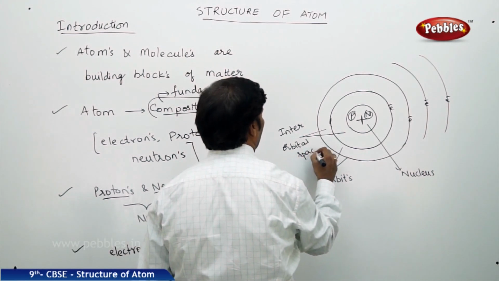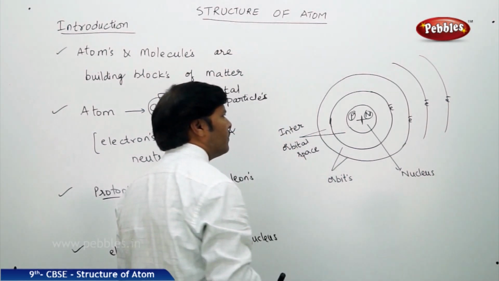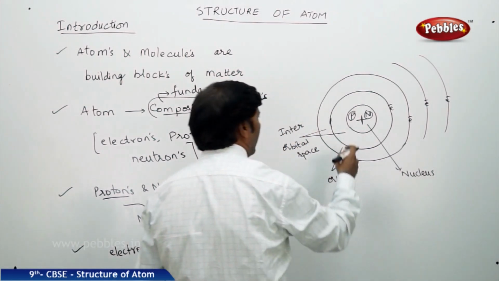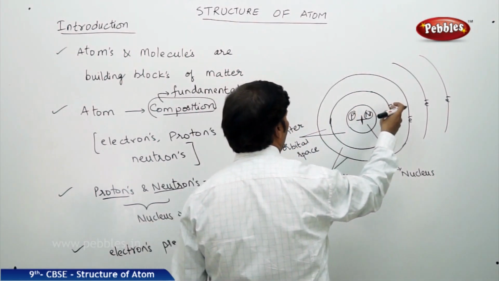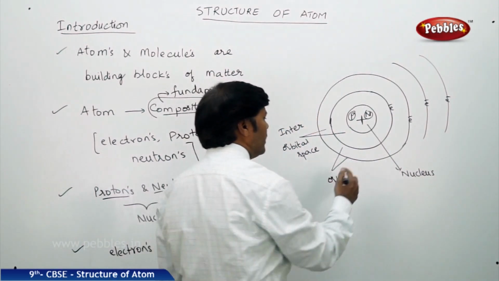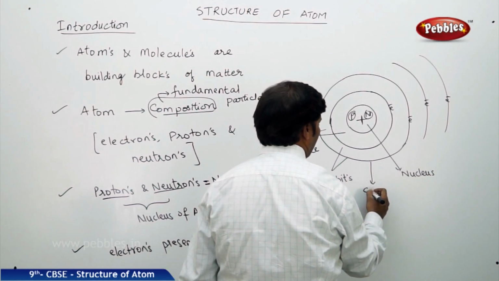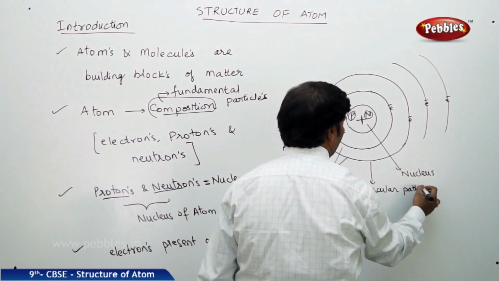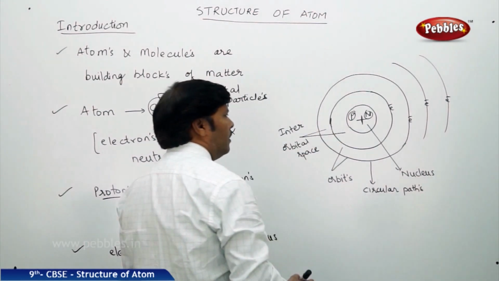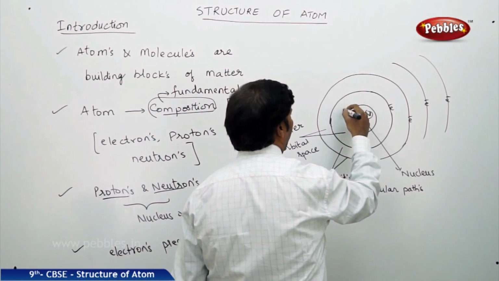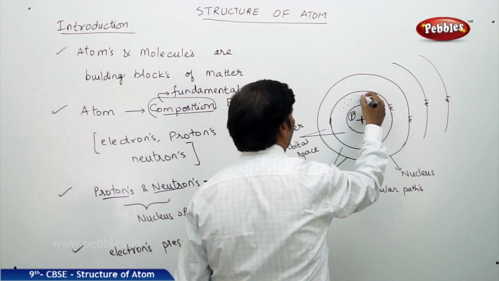and from this it is very clear that the atom has 3 fundamental particles: proton, neutron and electron. Electrons are present outside the positively charged nucleus, and these orbits are circular, showing the circular paths. Outside the nucleus you find a certain amount of electron density.